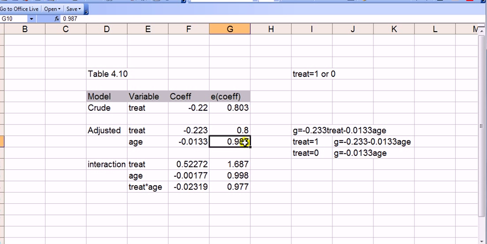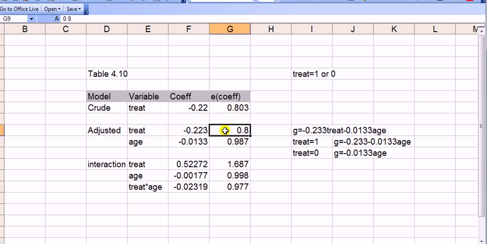This says that irrespective of whether the individual has had treatment, an additional year in age will reduce the risk by about, it's 1 minus this number times 100, so about 1.3%. And the risk is of starting to take drugs.